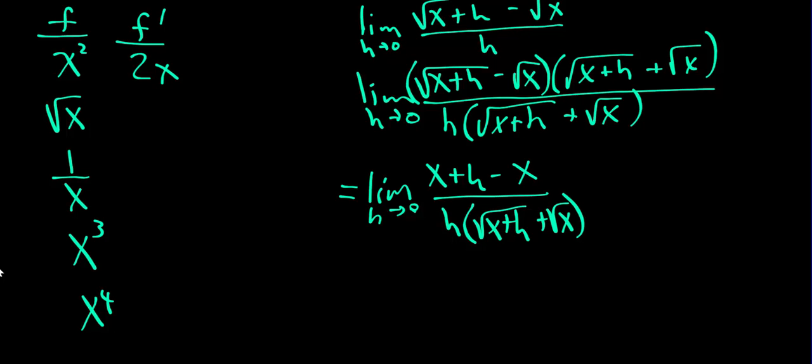Now, what you get after that is 1 over 2 square roots of x. Does everybody see that? Because if the h's cancel, then I put a 0 in, I've got the square root of x there and another one there, 1 over 2 square roots of x.